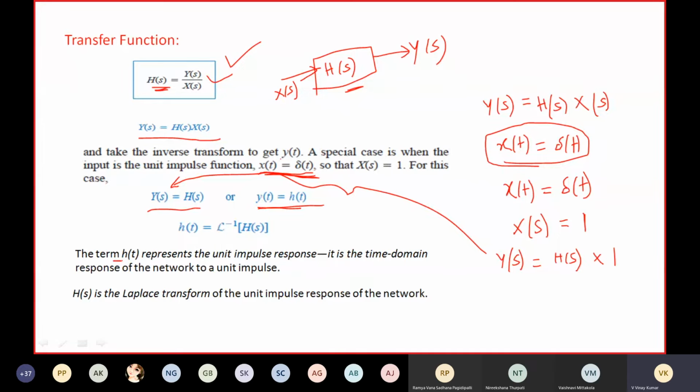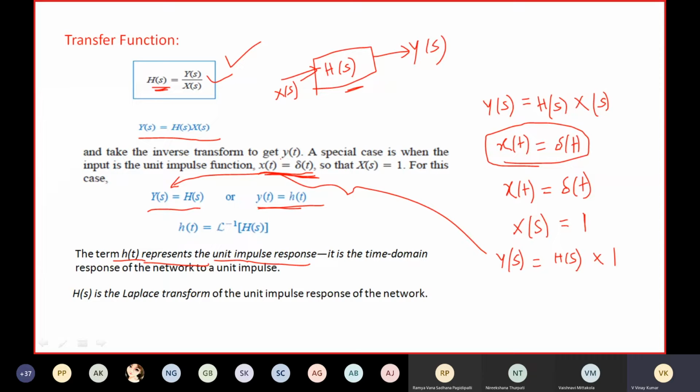That's why the term h of t represents the unit impulse response, as the input given to the system is the unit impulse function.